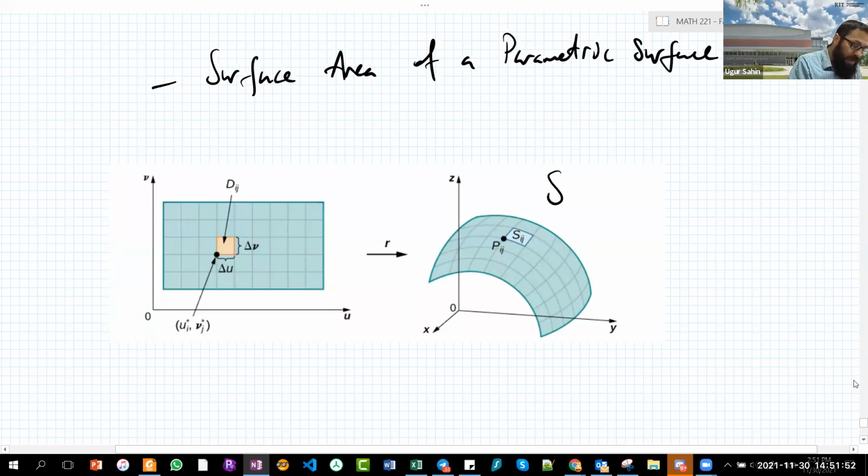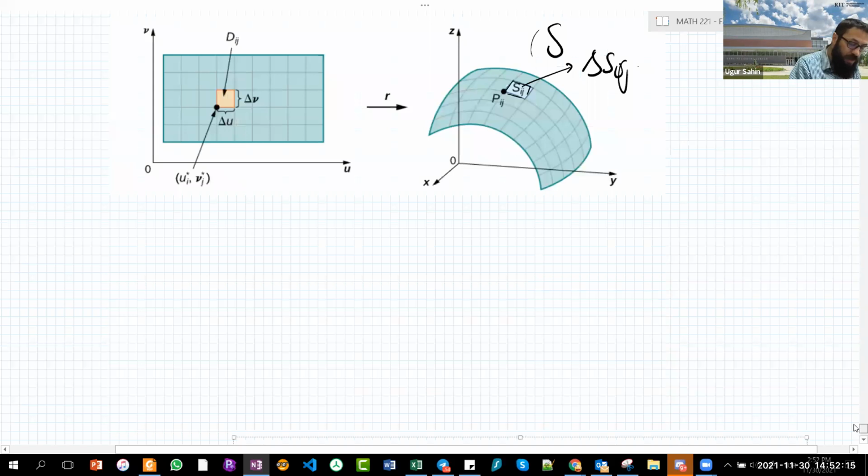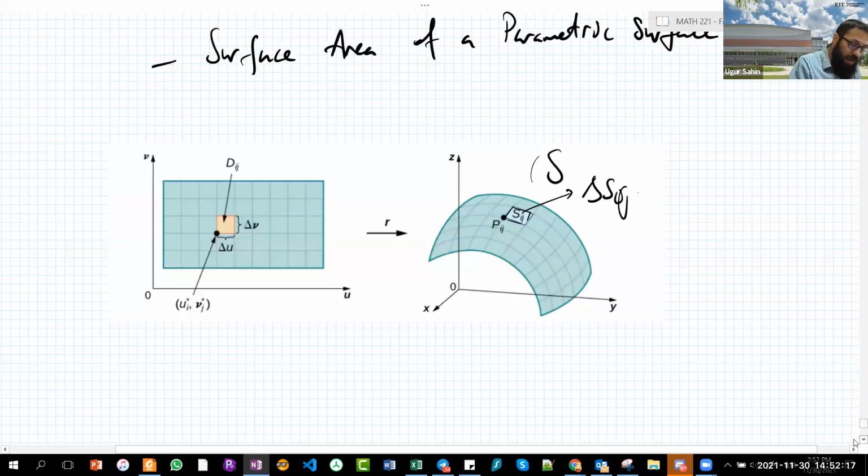Okay, so look at this one. The small piece of the big surface. The small piece S_ij, with sub-index i j, is a small part of S, and the area of S_ij is equal to delta S_ij.